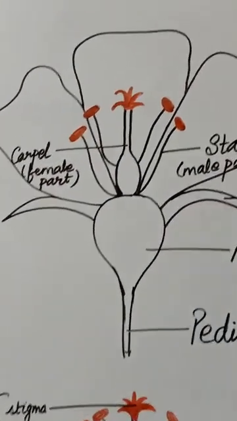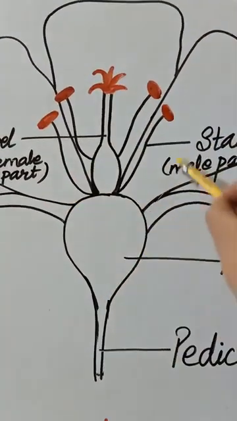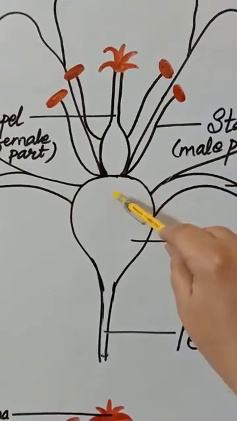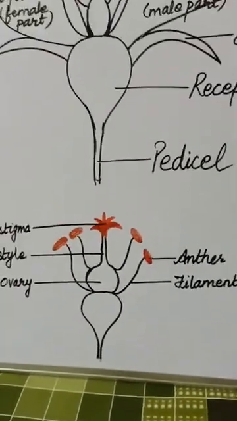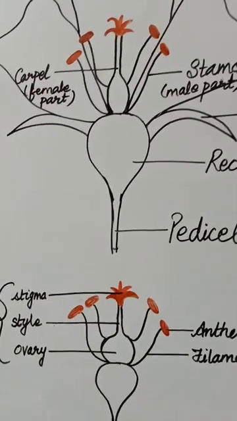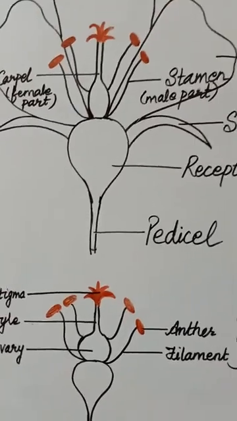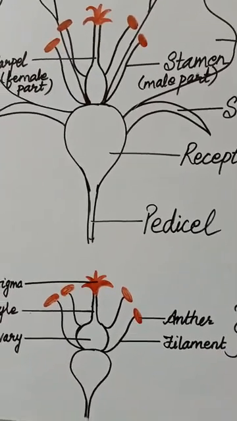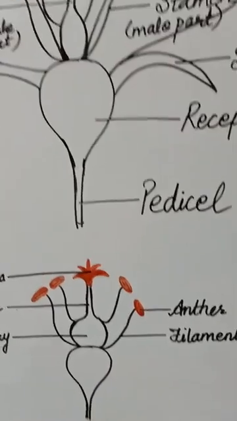Now this is what you have understood completely, but I need to explain this part in detail. Here the same diagram is there, but I have not drawn petals and sepals. Only those two parts are missing, otherwise all the parts are there. So from here we will start.